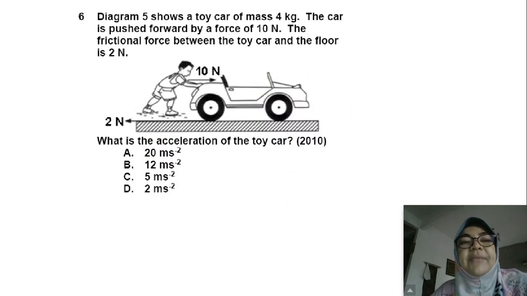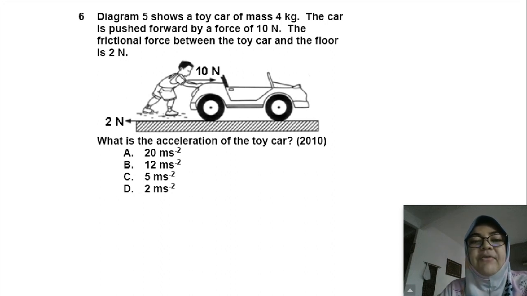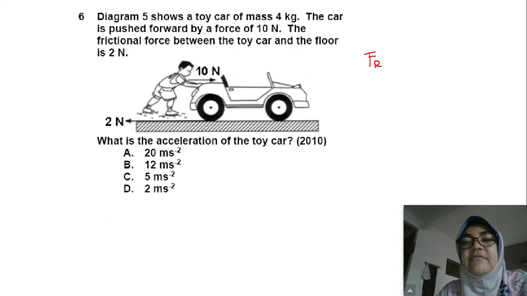Okay, number 6. Diagram 5 shows a toy car of mass 4 kg. The car is pushed forward by a force of 10 Newton. The frictional force between the toy car and the floor is 2 Newton. What is the acceleration of the toy car? So before we can calculate the acceleration, we must first calculate the resultant force.